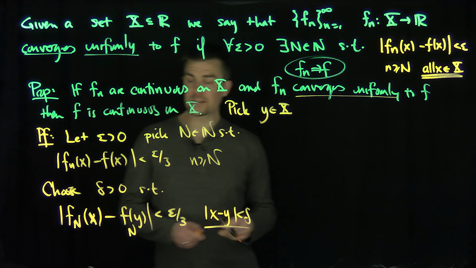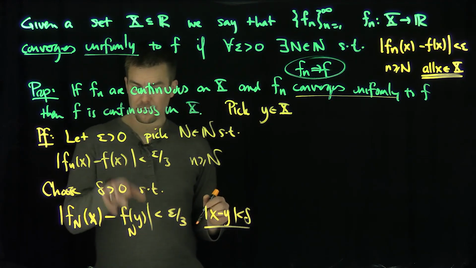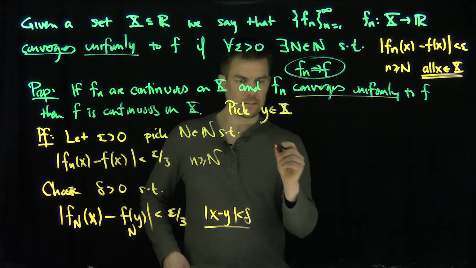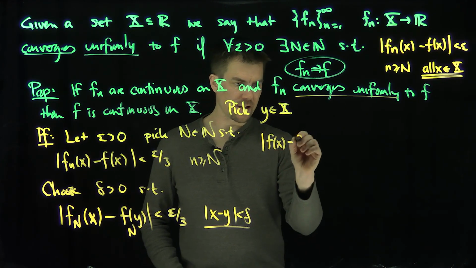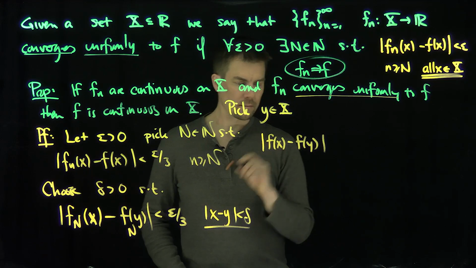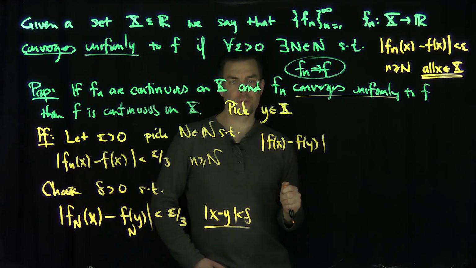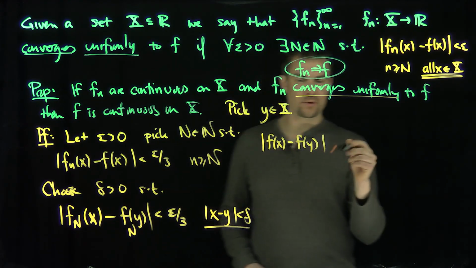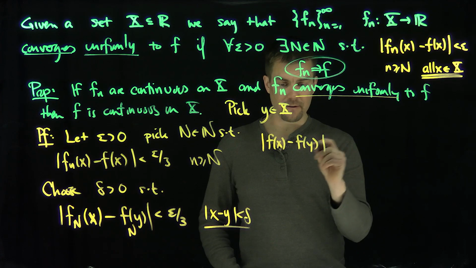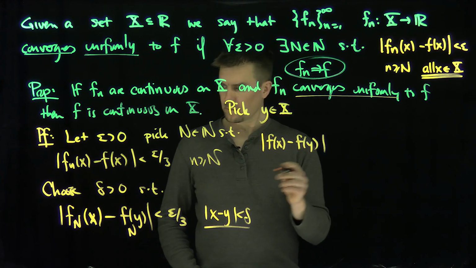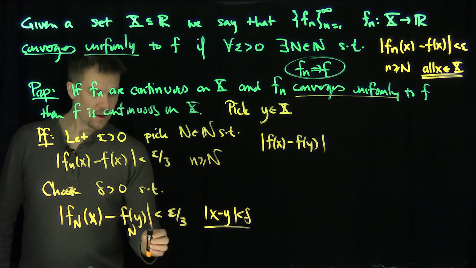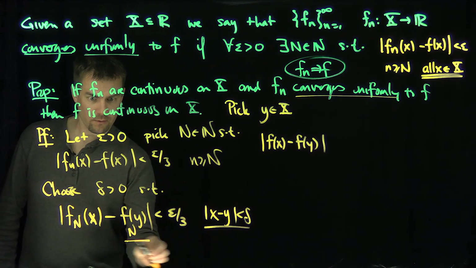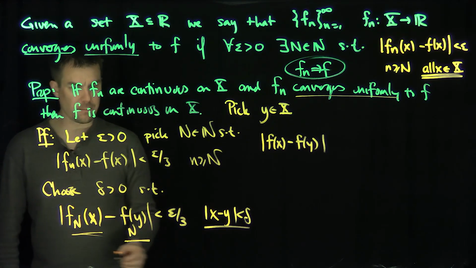Okay. So now let's estimate |f(x) - f(y)|. We're going to throw in a whole bunch of points over here. The first thing I'm going to do is add and subtract F_N(x) and F_N(y) to make use of this estimate.